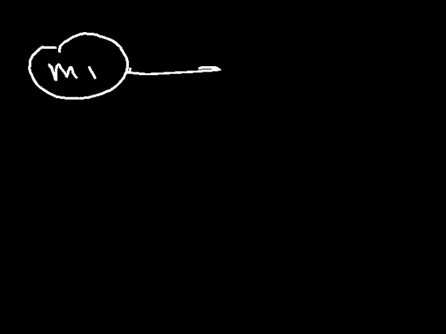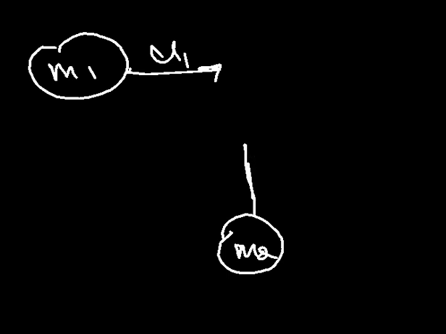Let's say we have object m1 moving horizontally with the initial velocity given as u1. And let's say we have object 2 moving vertically up with the initial velocity given as u2.